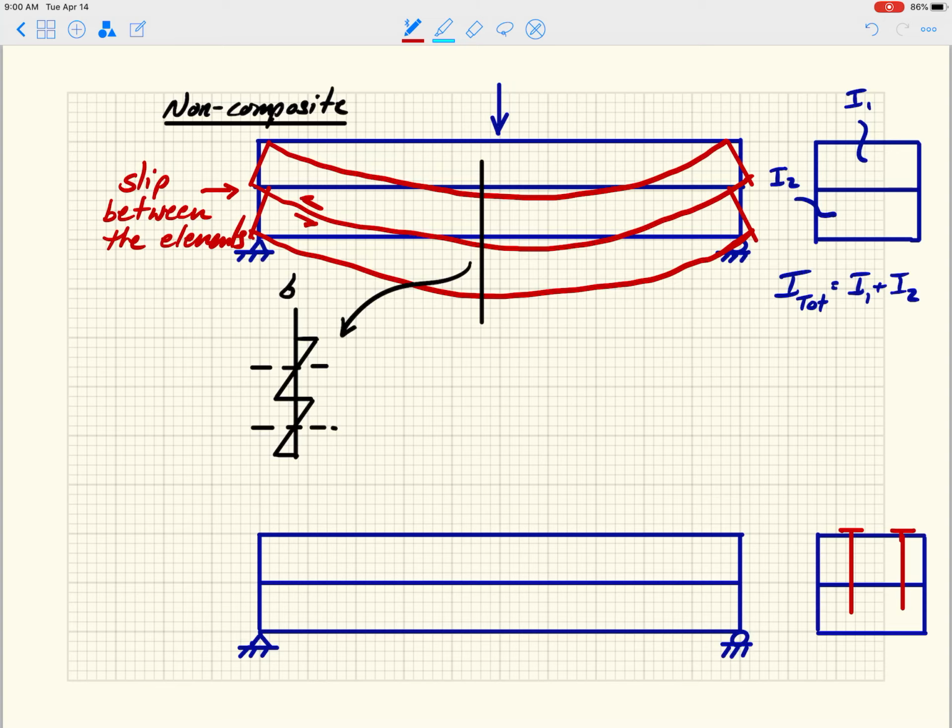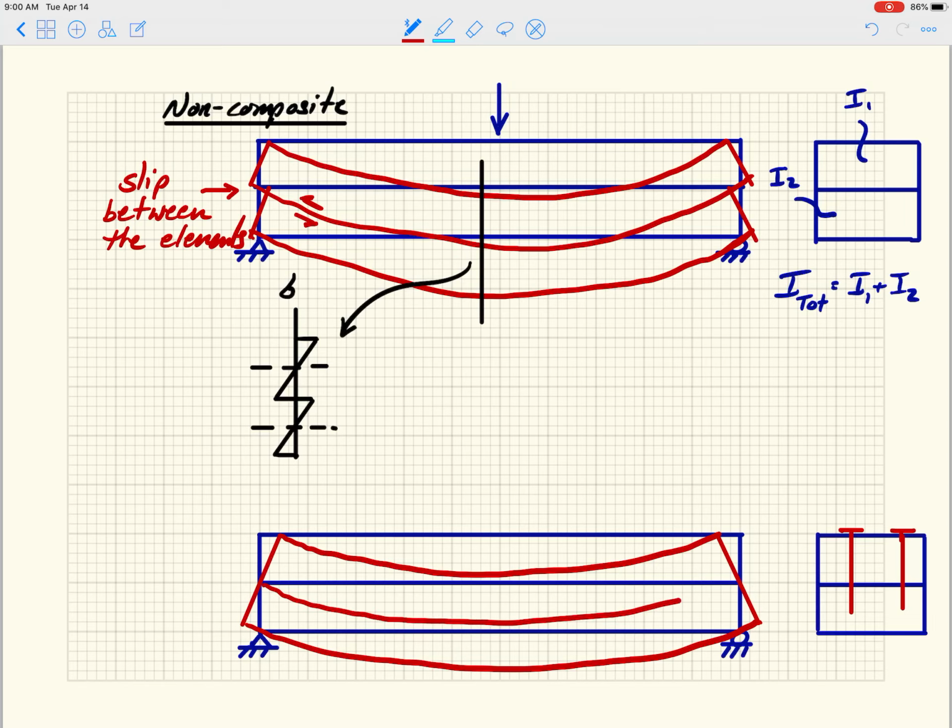Now if I look at the deformed shape, the neutral axis is at the center line of the cross section. It looks something like that, and now I can do a third one here.